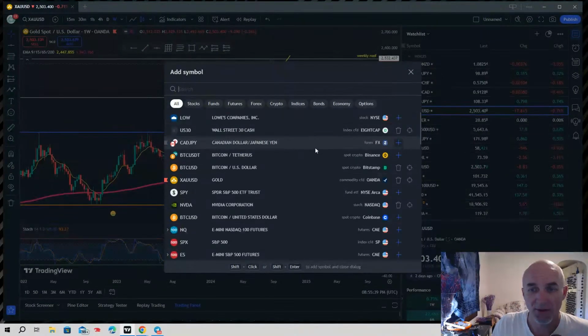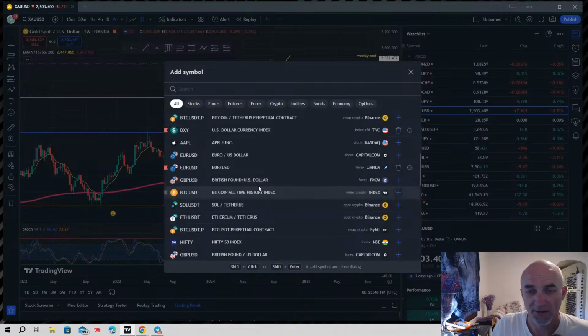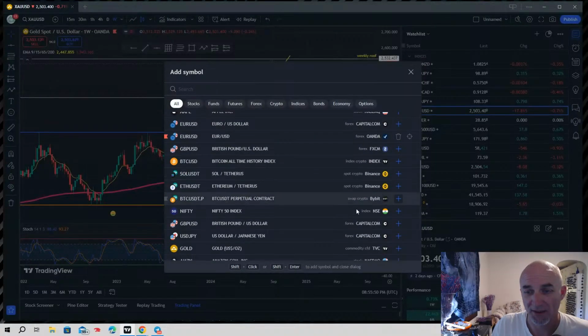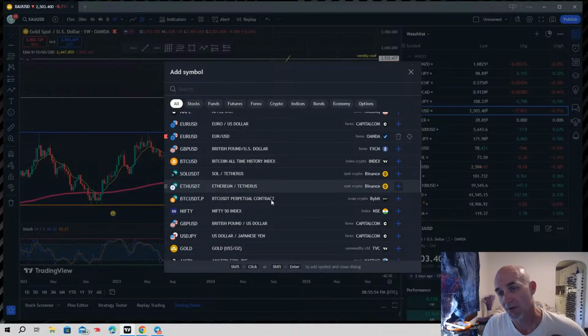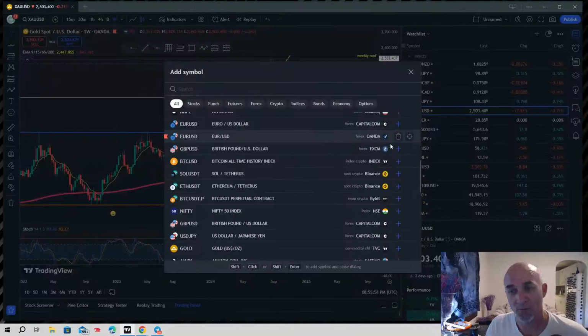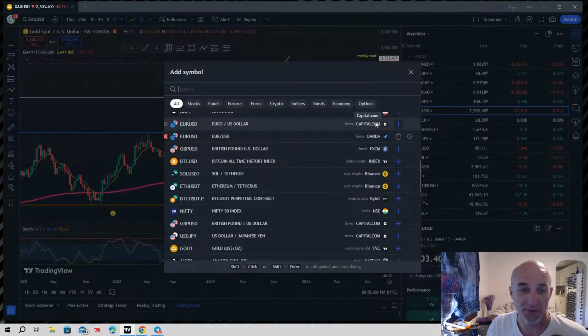Here's CAD JPY, it's a Forex. There's US 30. There's NASDAQ for NVIDIA. Capital.com, Binance. Clicking on any one of these will show you what their charts are showing, basically. And Oanda charts are not the same as Capital.com charts, basically what I'm saying.